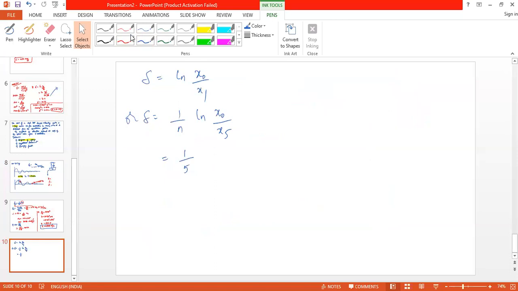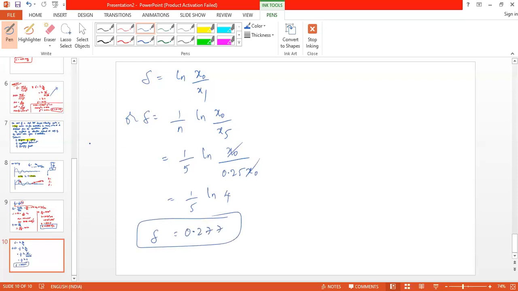So 1 by 5 ln of x0 divided by 0.25 times x0. So x0 will get cancelled. So 1 by 5 ln of 4, since 1 by 0.25 is 4. So the answer is 0.277.